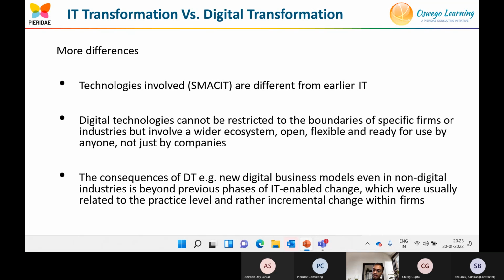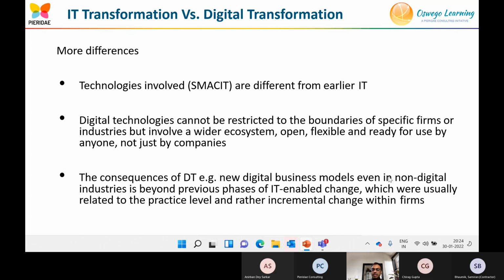So digital transformation is something like that. It's not restricted to any specific firms. It can be used across industries. Anybody can use digital technologies: mobile, cloud, anybody can use it.